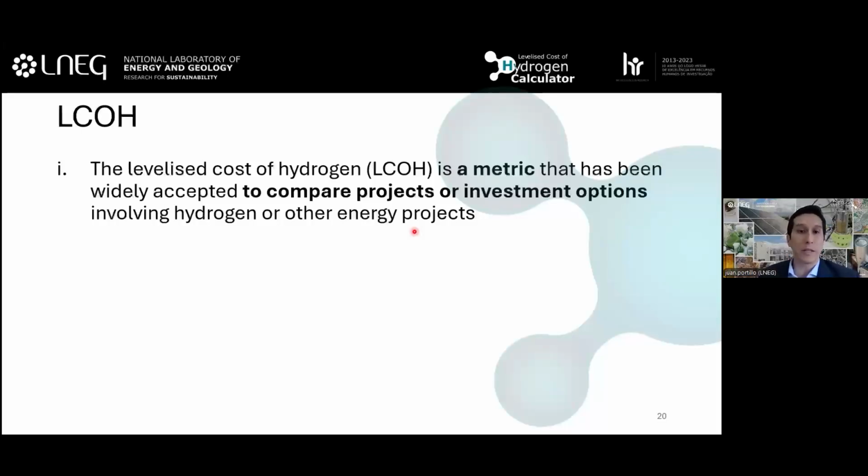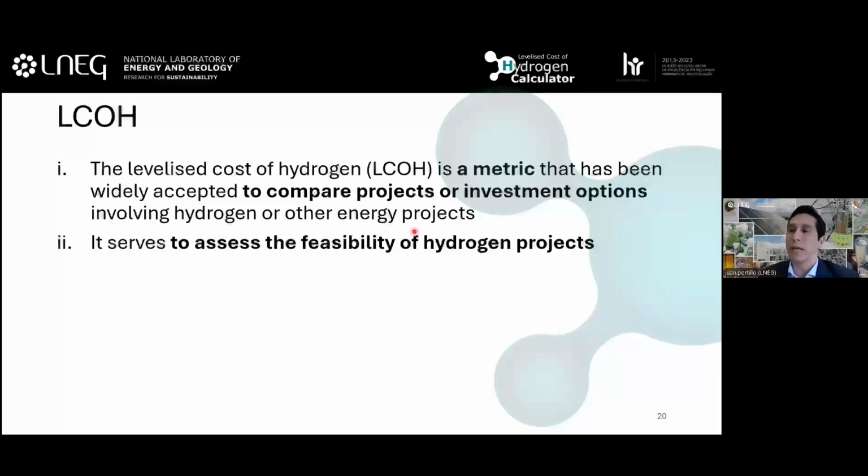And this same metric can be transformed somehow into levelized cost of energy and compared with other projects. Besides evaluating a whole portfolio of projects, these metrics also help us to assess the feasibility of one project.